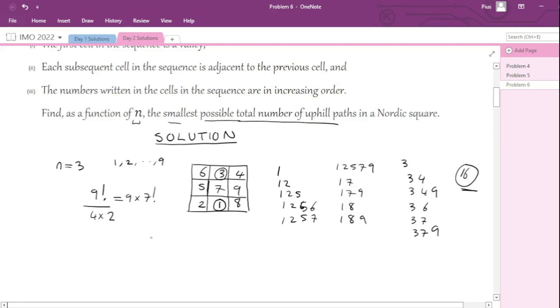Okay, so we're going to just show you what we could do. We would use some sort of a graph to represent these numbers. So the arrows here are going to indicate the direction, that's an uphill direction.